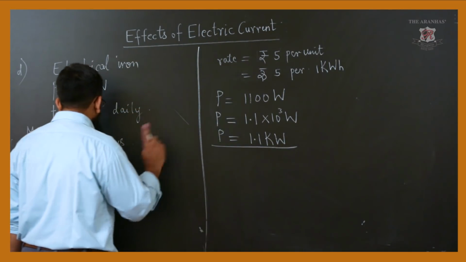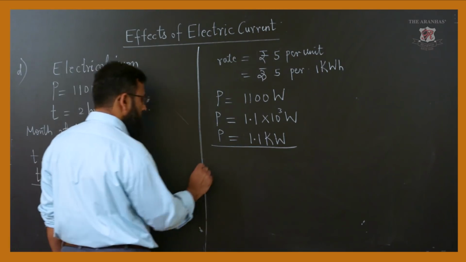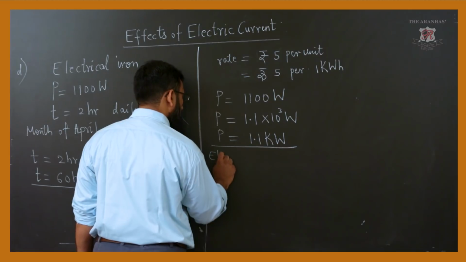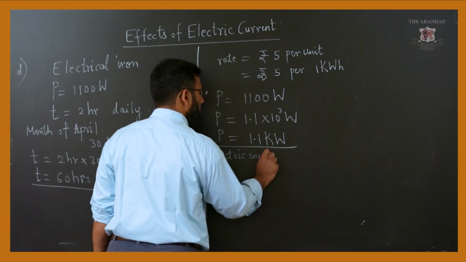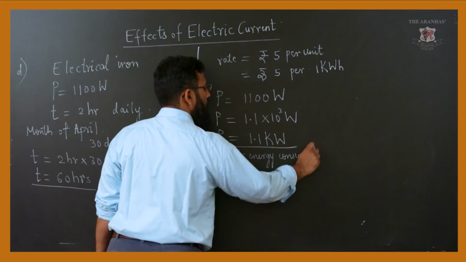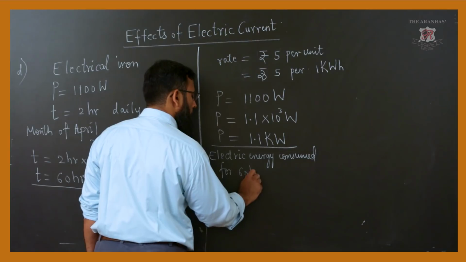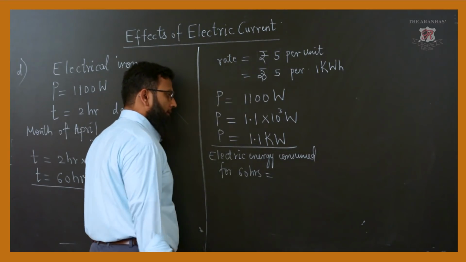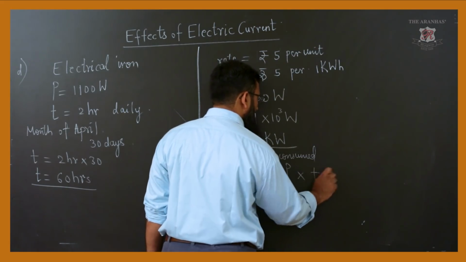So the power of the electric iron is 1.1 kilowatt. Now let us find out electric energy consumed for 60 hours. Electric energy consumed for 60 hours will be this power of the iron into the time duration.